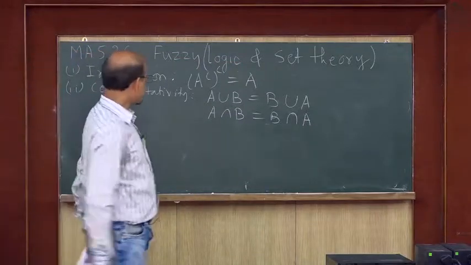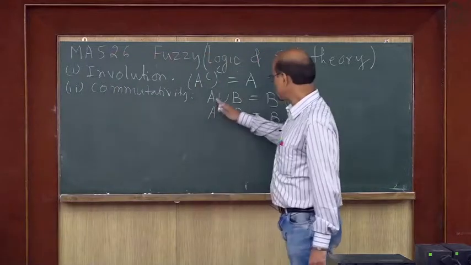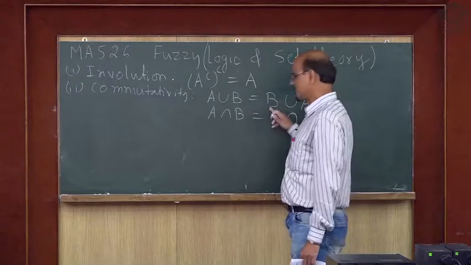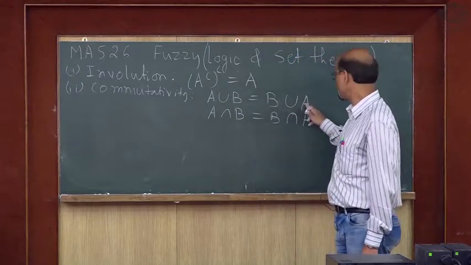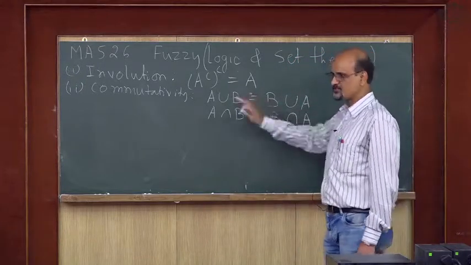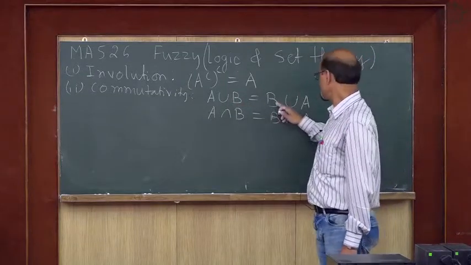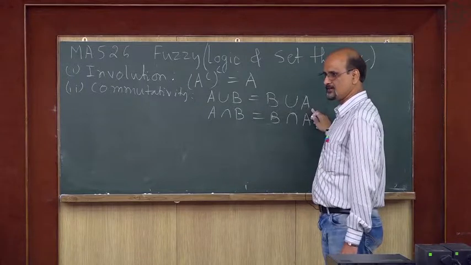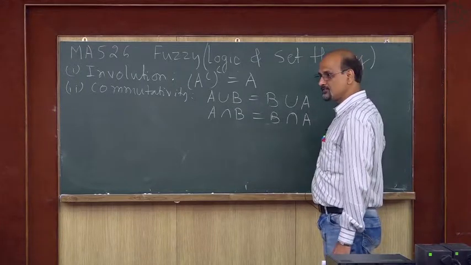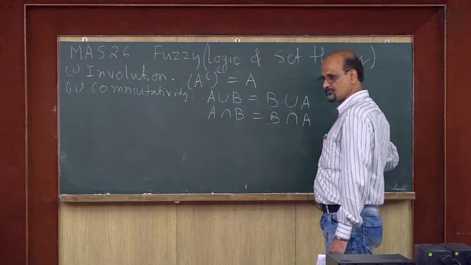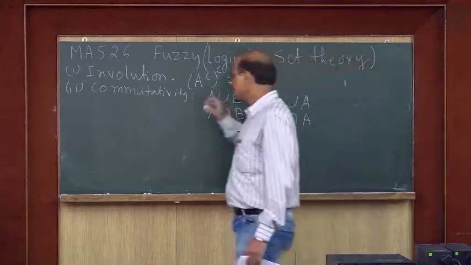That means if I first take A and take union B, whatever result you get, if I first take B and then take union A, same result. So, this is commutative, order does not matter here, whether you take A union B or B union A. As we have, plus is commutative, but minus is not.